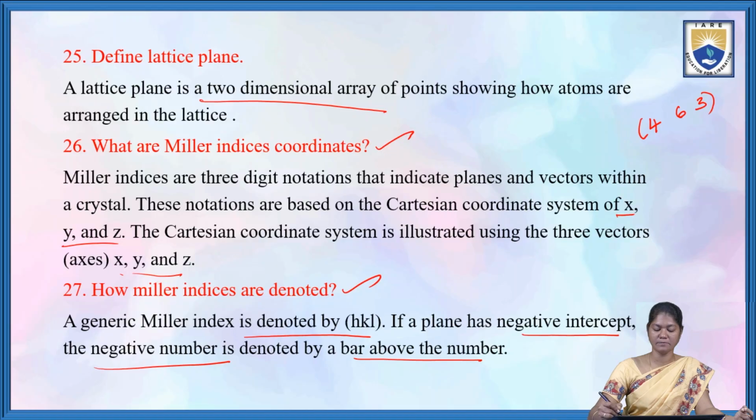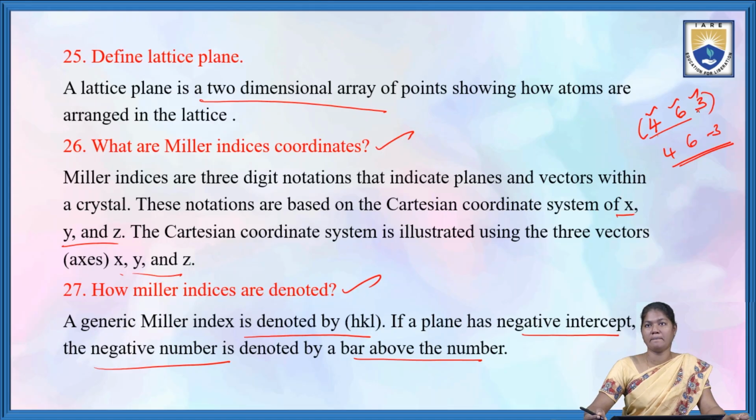It represents the Miller indices. When there is 4, 6, minus 3, this can be indicated with the bar. So the negative intercepts, these are the intercepts on the axis.